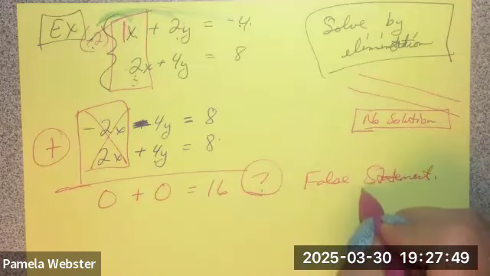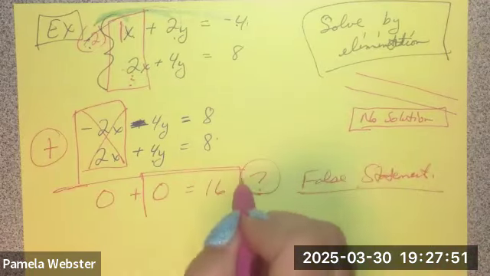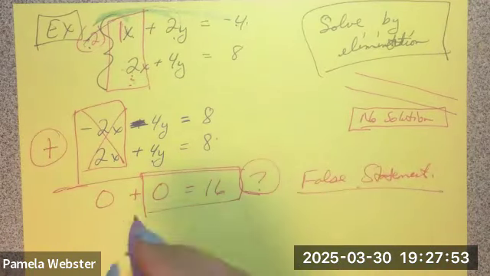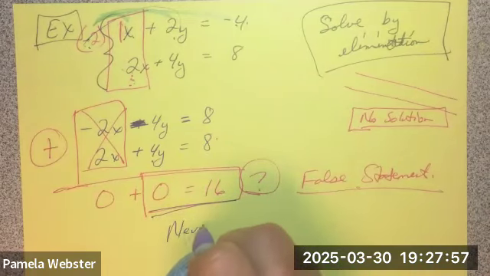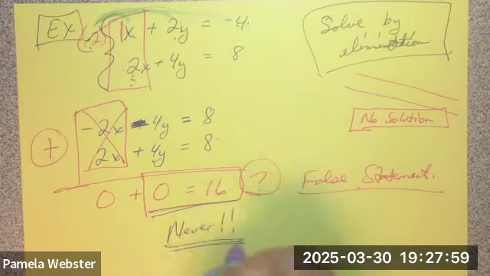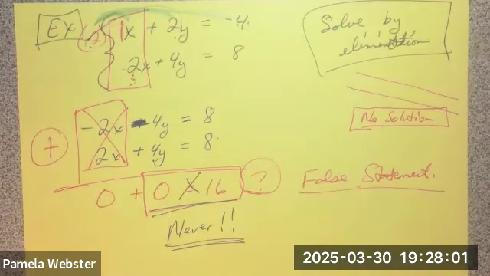And what I like to ask students is, when is this going to work? When do we see 0 equals 16? Never. Okay, it's never going to work. 0 does not equal 16.